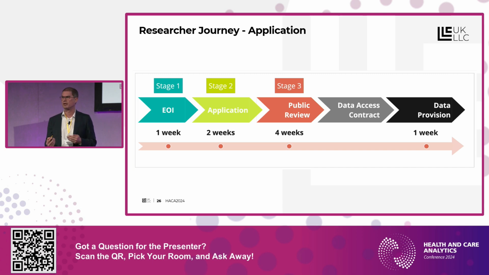We then manage the process of review, and each application is reviewed by us on behalf of the NHS, by public contributors to look at that public trust perspective, is this project going to deliver public good, and also by the studies whose data you want to use. Then a contract needs to be agreed, and then data provision used in an effectively automated process.